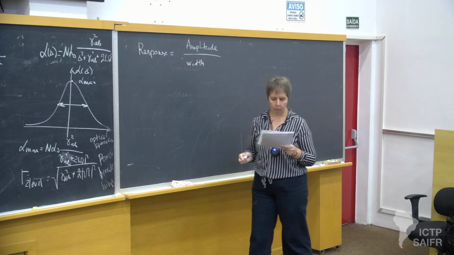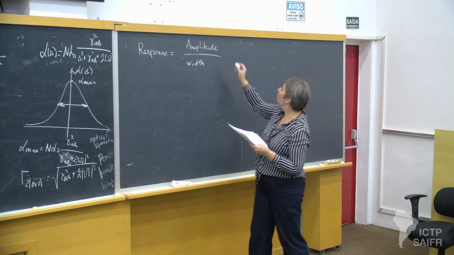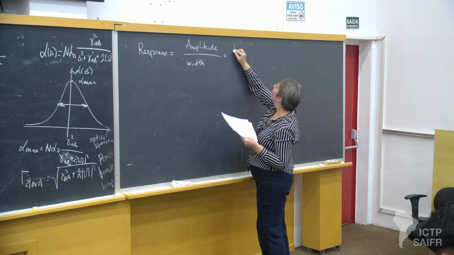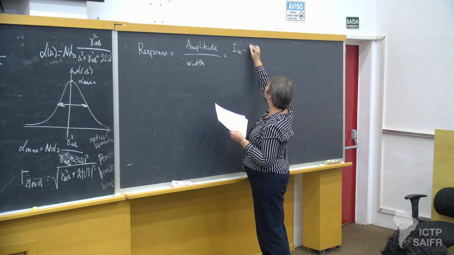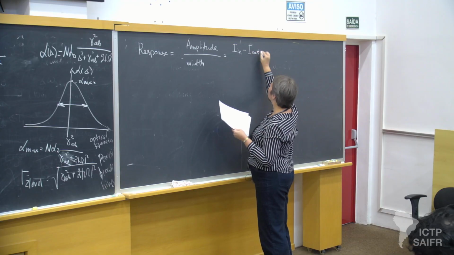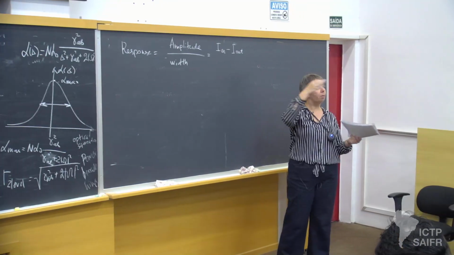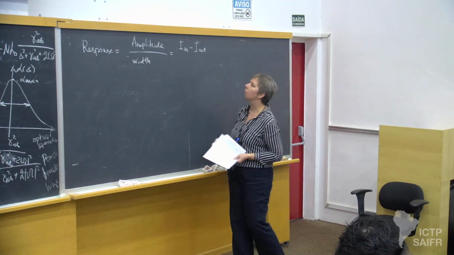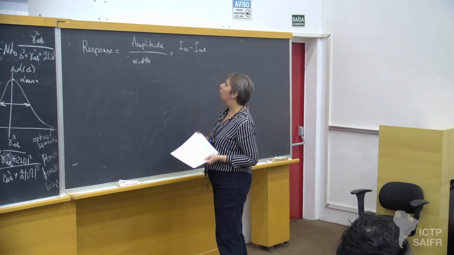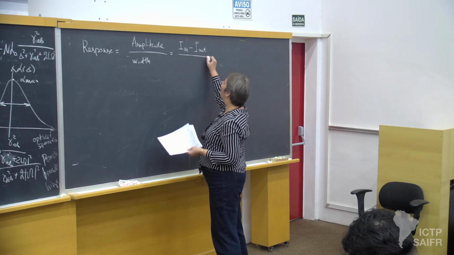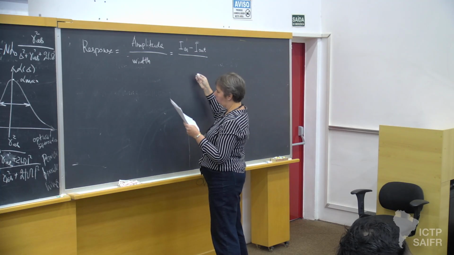Okay? So that means that the amplitude is going to be, let's say, intensity on the input minus intensity of the output. That's fair, right? So if you have an absorption resonance, that's going to be a fair explanation of how much is absorbed. And the width, well, this is just the width.